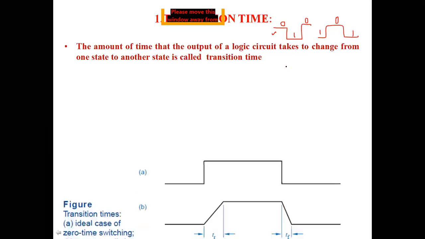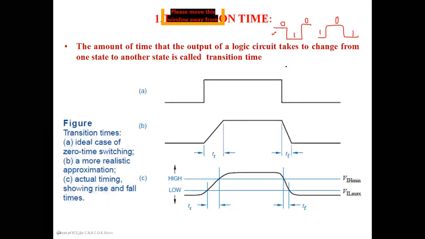So here you can see how the transition time will look under three conditions. The first one is the ideal, the second one is the realistic, and the third one is the actual transition time.